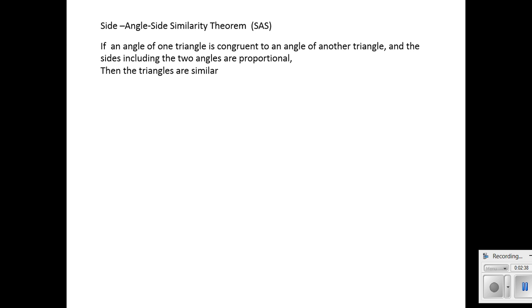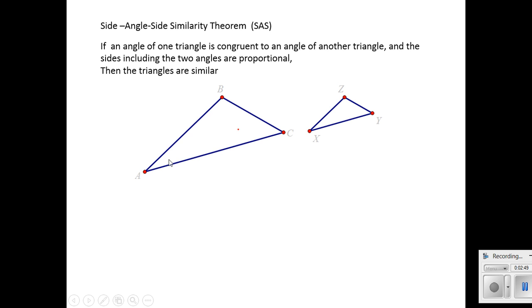Here's another one. Okay, side angle side. Again, the angle between the two sides. All right, two sides of one are going to be proportional to two sides of the other. So here we're going to say angle A and angle X are said to be congruent. Then the sides that we need to show proportional are AB to XY, as AC is to XZ.